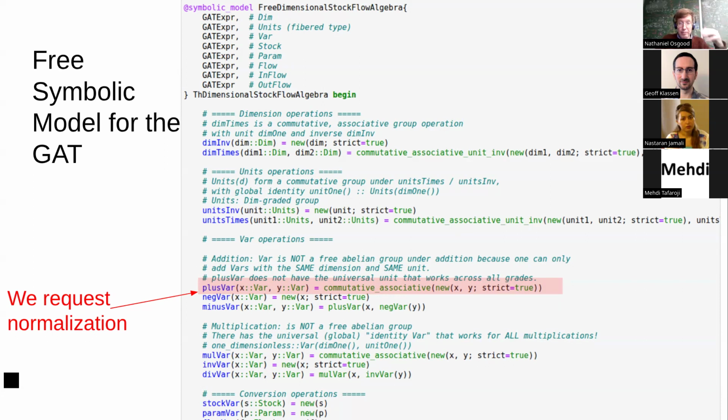The stock will be of, say, unit persons, dimension person, and maybe the parameter will be of dimension time, called mean recovery time, and the unit will be days. If we divide the stock by that parameter, it will have a dimension of persons per day.